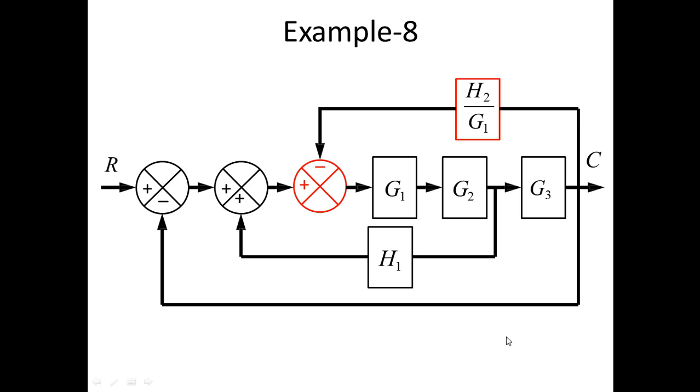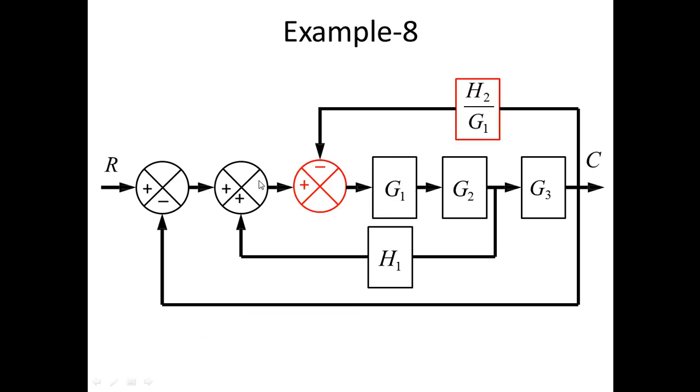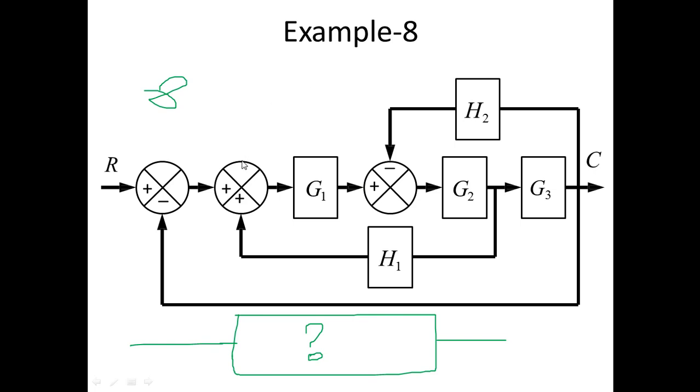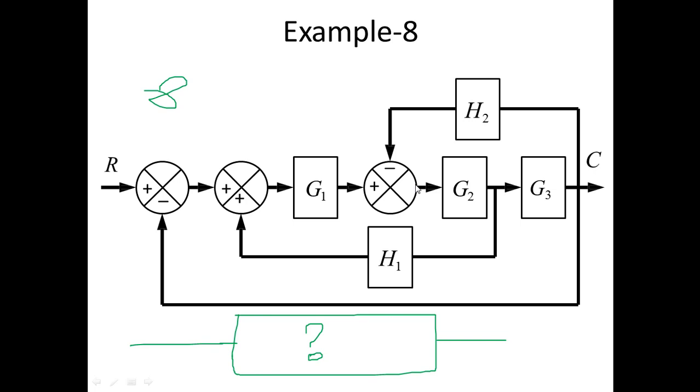The first thing you do is move this point. You move this summing point from here to this side of G1, but you know that this is not taking G1 into account. If you move this summing point from here to here, you are involving G1 at this point again.